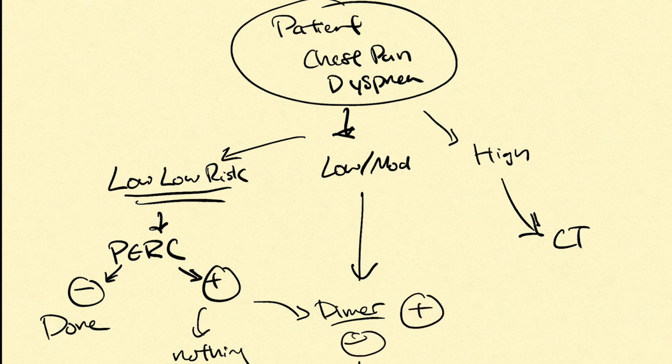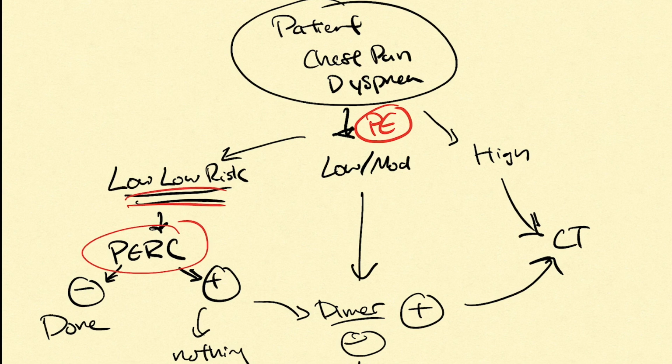And if the D-dimer is positive, then I'm going to go to CT. So this is kind of my general approach to evaluating people for PEs, right? Low risk, use the PERC rule. If you don't think that they're low risk, if you think they're low to moderate risk, do not use the PERC rule, right? That is not who it was intended for. That is not how it's going to be used.